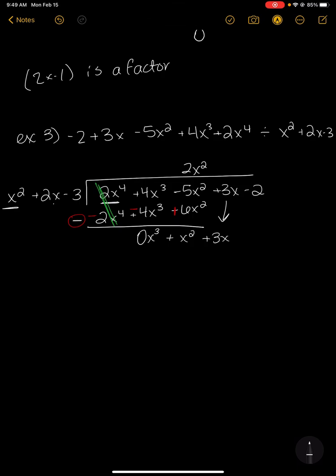All right, and then we've got x squared times what gives me 0x cubed? Well, that would be a 0x, technically. We'll just have 2x squared plus 0x, and we'll have it in descending order. So 0x times x squared plus 2x minus 3, we're actually going to get 3 of those terms, 0 terms.